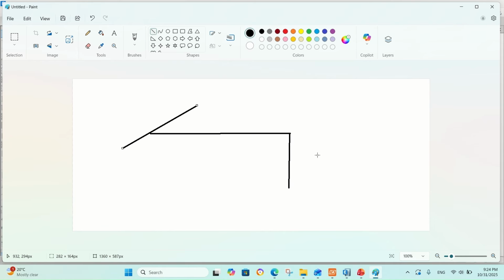for example, we have this column and we have this beam which is supported at the column on the right and at the frame to the left.